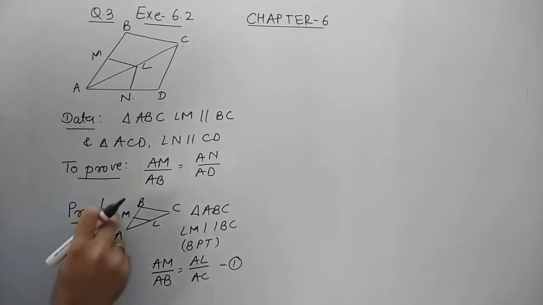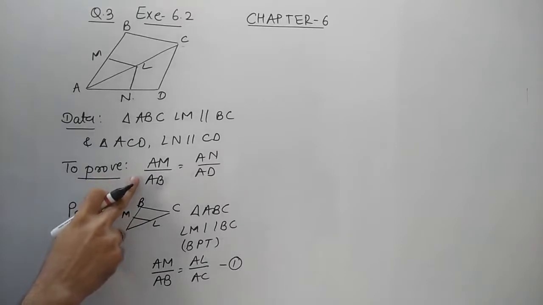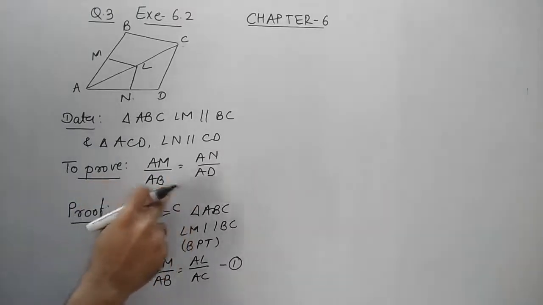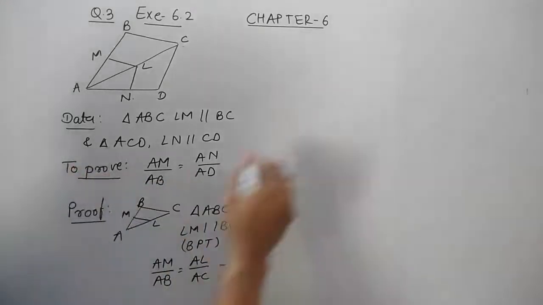Why have I taken AM upon AB? Because you can see this is what we require in the answer. The proportion we have to take is based on the answer which we require. Okay, let's move further to triangle ACD.